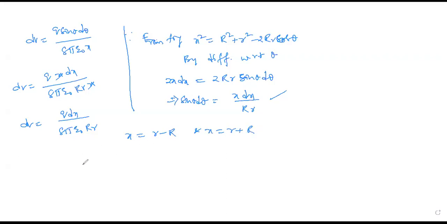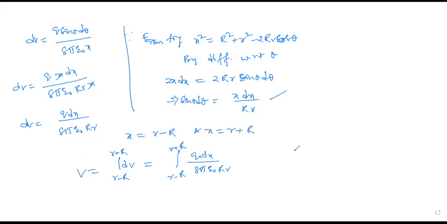Then V is equal to the integral from small r minus capital R to small r plus capital R of dV, which is equal to the integral of q dx by 8 pi epsilon naught capital R small r.